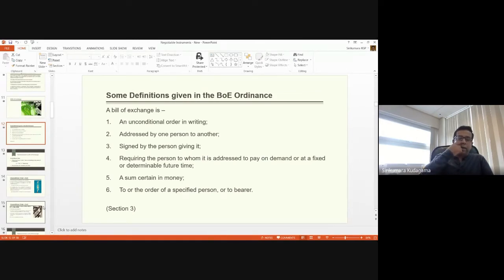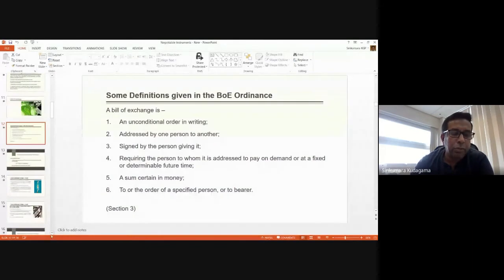So when the Bills of Exchange Ordinance says an unconditional order in writing addressed by one person to another, probably there are no two persons here. It can be the same person addressing that person himself. The address may be like that in the case of an order like this, right?